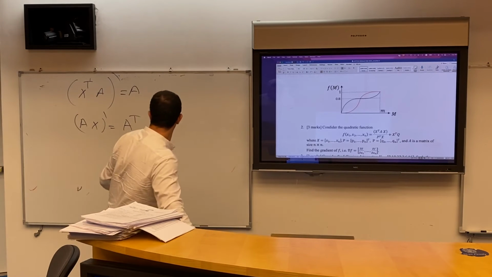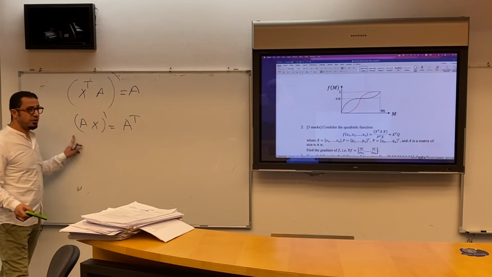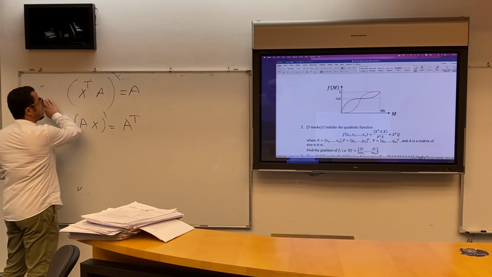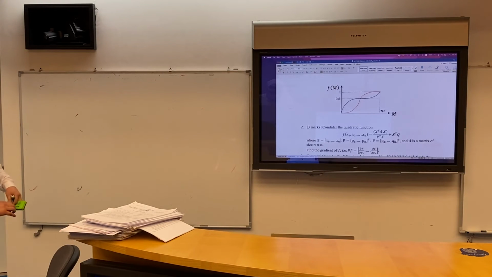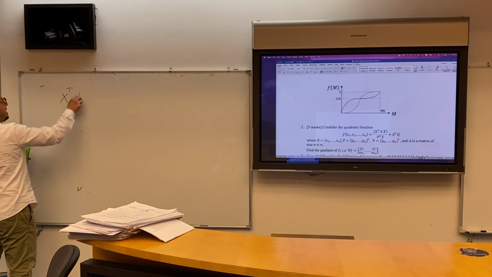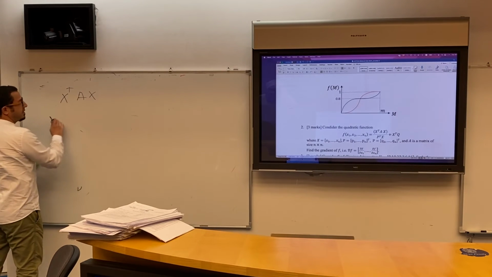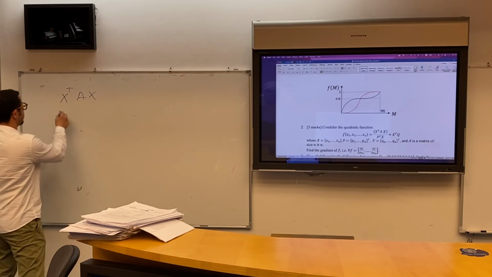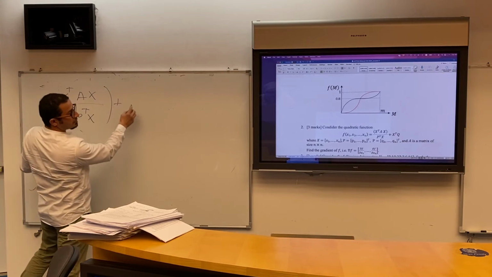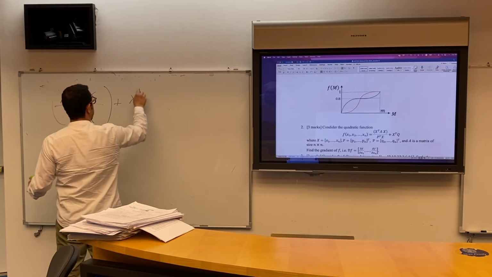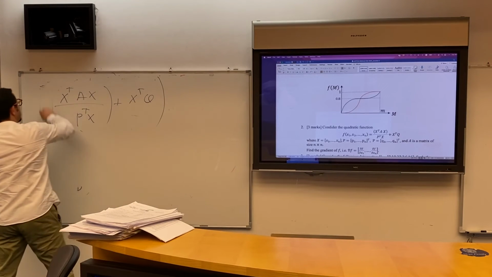So when x comes first, I have to do the transpose. Okay? Let me clean this one here. Now what we have here, please: x transpose A x divided by p transpose x. What is the derivative of this one, please?